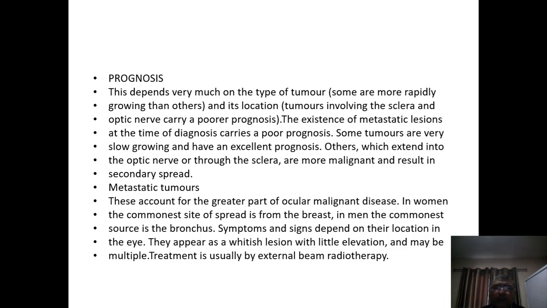Signs and symptoms of metastatic choroidal tumors will depend on the site of the metastasis in the eye, posteriorly or anteriorly. Usually it is a whitish lesion, little elevated, may be associated with retinal detachment, and the treatment is according to the systemic condition, whether with chemotherapy or external beam irradiation.